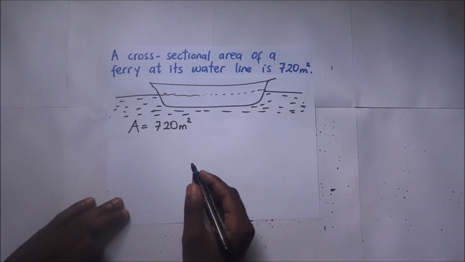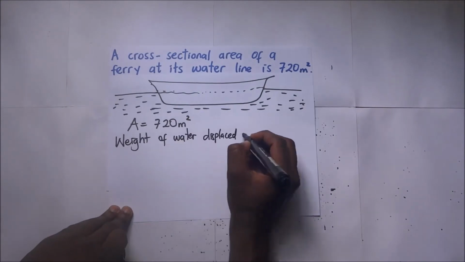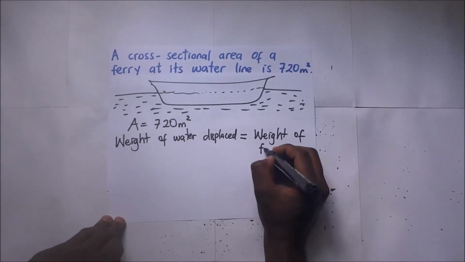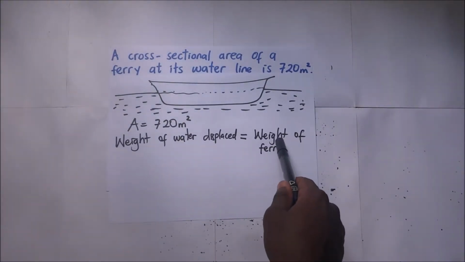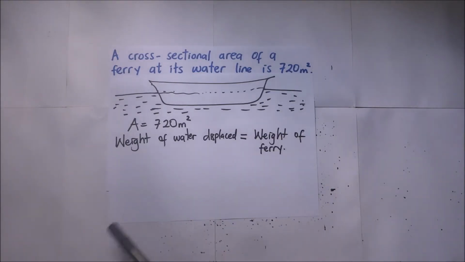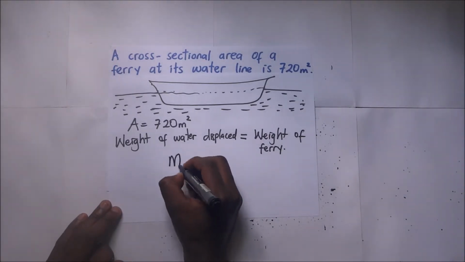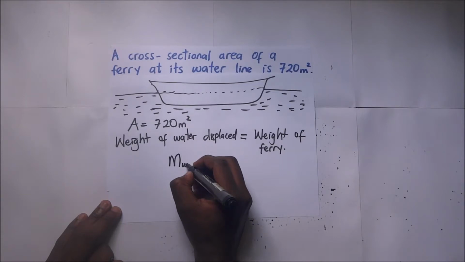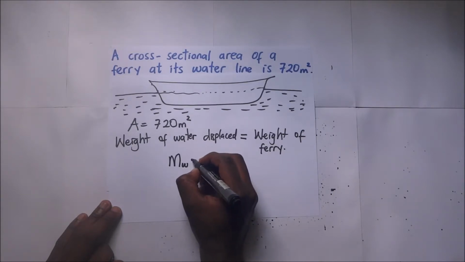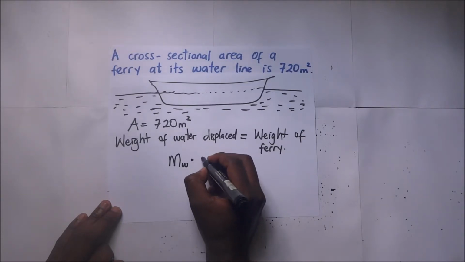That weight of the water displaced is equal to, and of course what is responsible for the weight of this ferry? It is these 16 cars that were added. So let's go ahead and find the weight of the water displaced. Of course, the weight of the water displaced is given by the mass of the water multiplied by gravity.